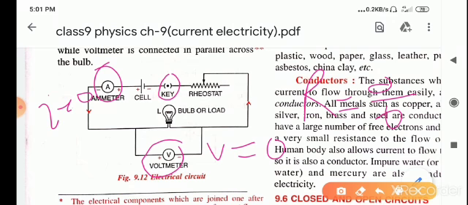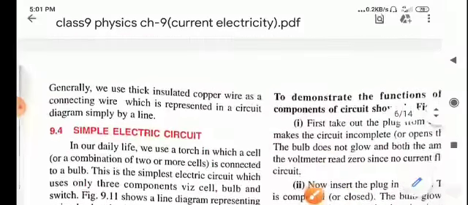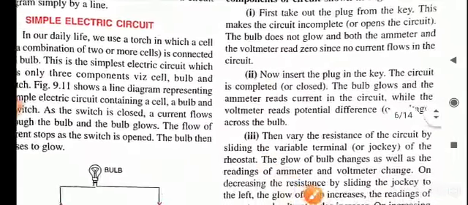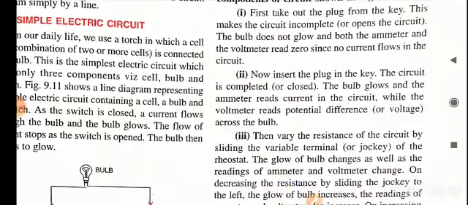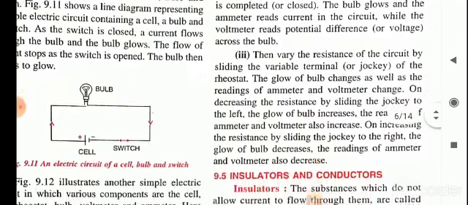Next step, now insert the plug in the key, the circuit is completed or closed, the bulb glows and the ammeter reads current in the circuit while the voltmeter reads the potential difference or voltage across the bulb, right?